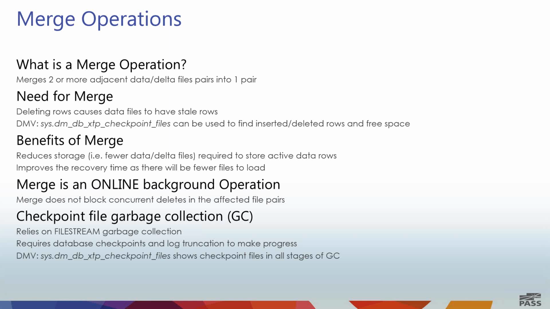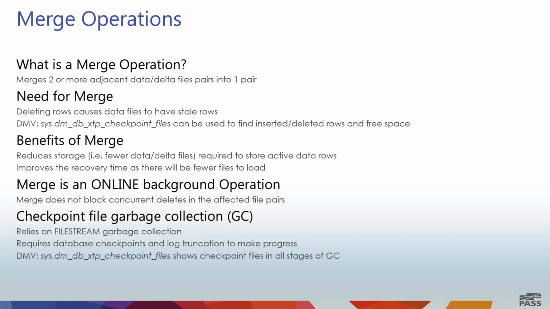So what we do to reclaim space and also to speed up recovery is we have a merge process going on. A merge takes two adjacent data and delta file pairs and merges them into a new pair, in the process removing all the rows from the data files that were marked as deleted in the delta files.